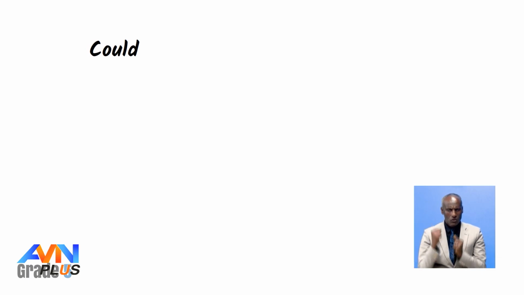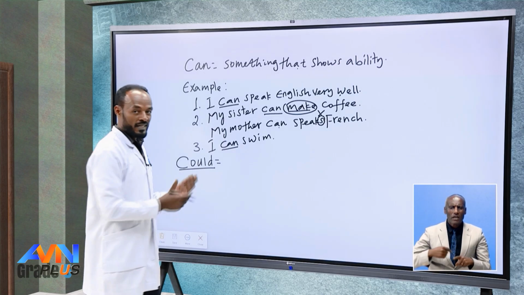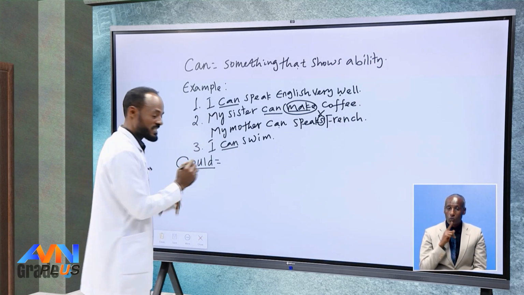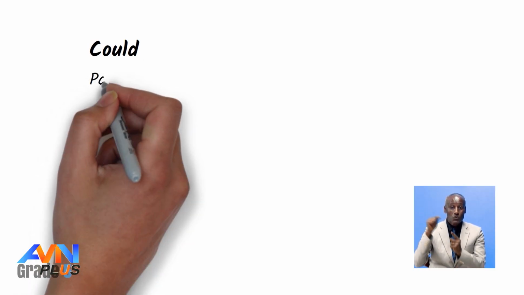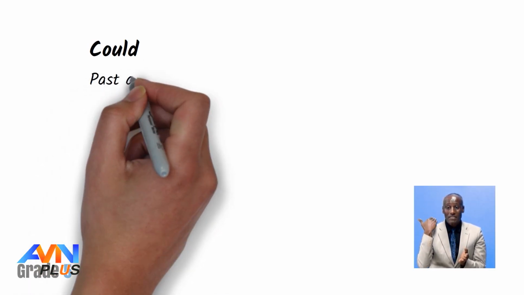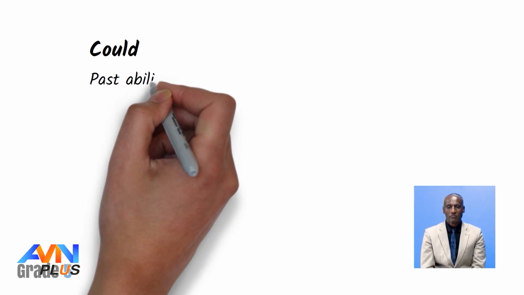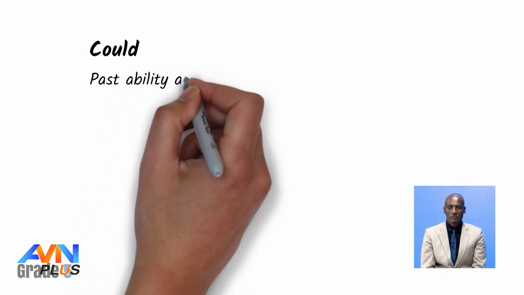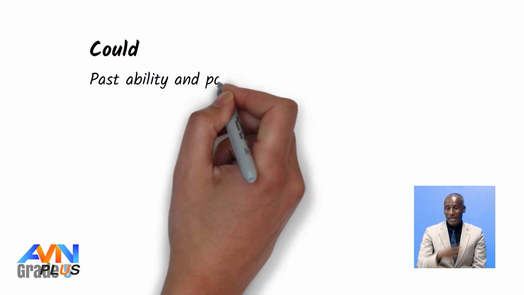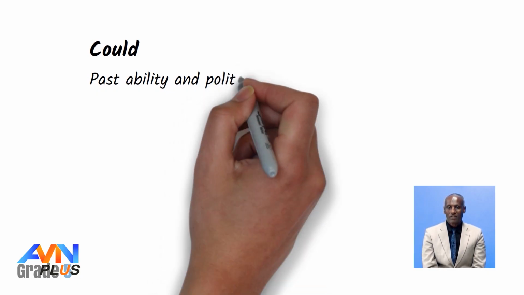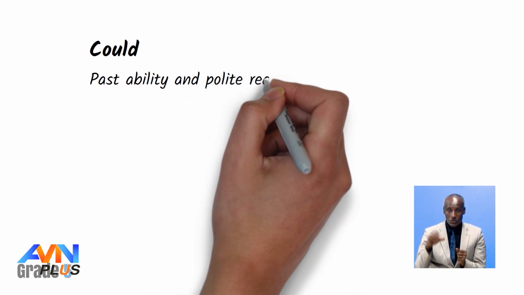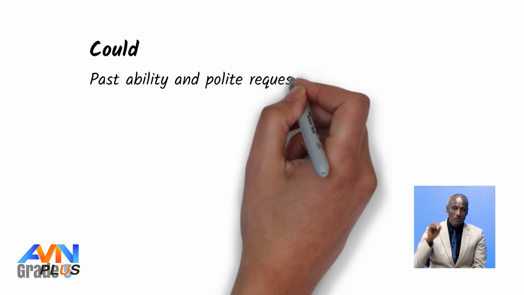So, what about could? When do we use could? Could is used to express past ability. Bear in mind, past ability. And we can also use could to express polite requests.